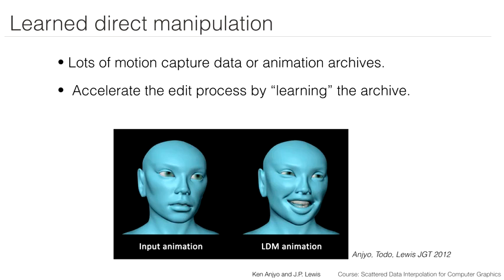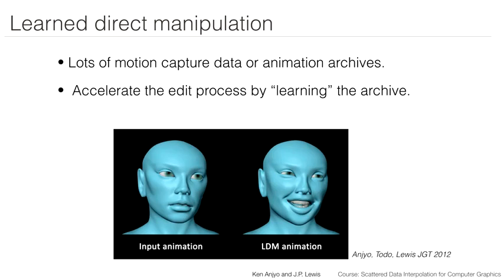Next, let's consider the case where we have some prior data, or typically motion capture data. Then we want to extract some facial movement correlation, I mean the correlation between two different points. If we can learn something about these from the prior data, then we hope that this kind of editing process could be made faster.